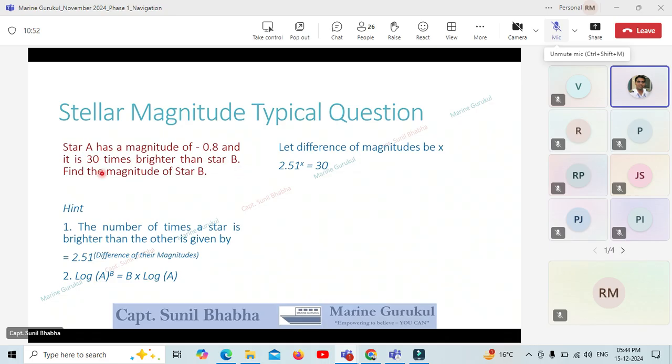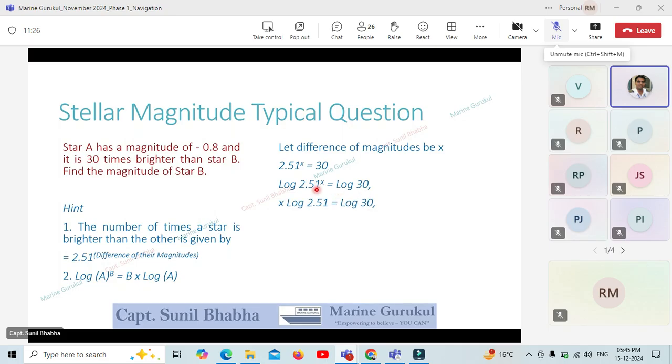The question says that star A is 30 times brighter than star B. So this tells us 2.51 raised to power x is equal to 30. Now we want to solve this relationship for x. So for this, what we do is we take a log on both the sides. So this gives us log of 2.51 raised to power x is equal to log of 30.